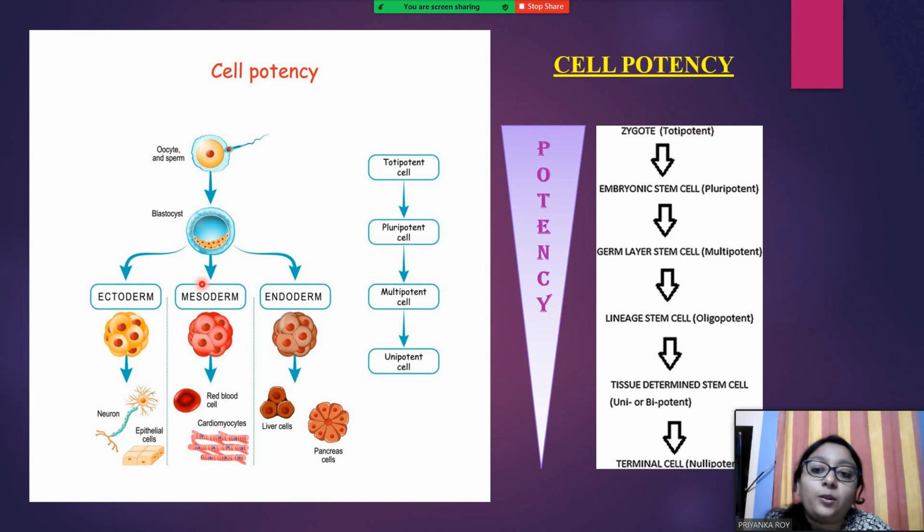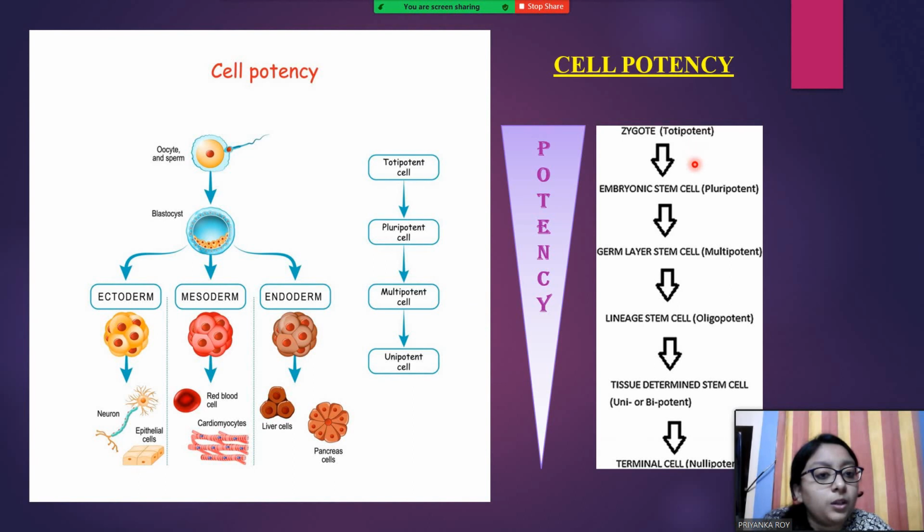And then from ectoderm, mesoderm, endoderm, the different subsets of cells are generated. So here we can call it a multipotent stem cell. And after that, when the cells are only differentiating into one cell type, it has become a specific cell type and it cannot further differentiate into any other cell type. We can call it a unipotent cell.